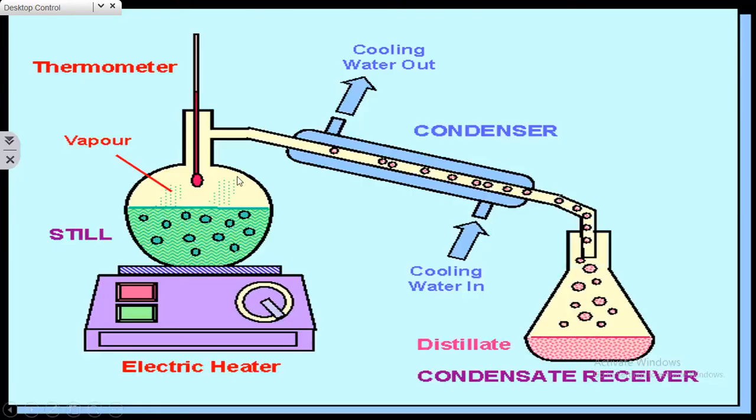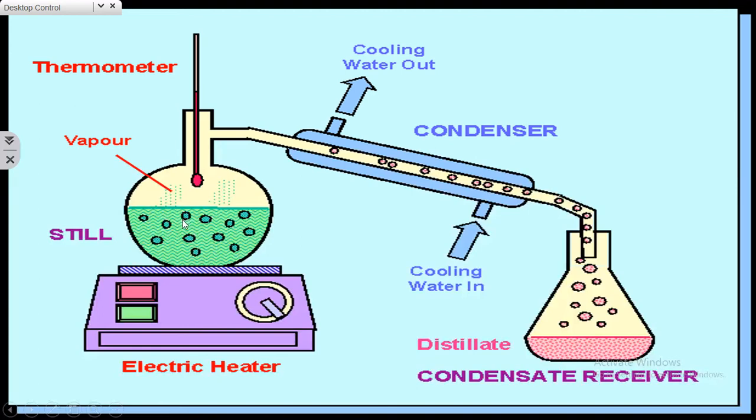Let me show you the experimental setup of distillation. You require all these components: electric heater, flask, thermometer, condenser and conical flask, which is called the condensate receiver. First you take the mixture in this flask and with the help of the electric heater, allow it to boil.